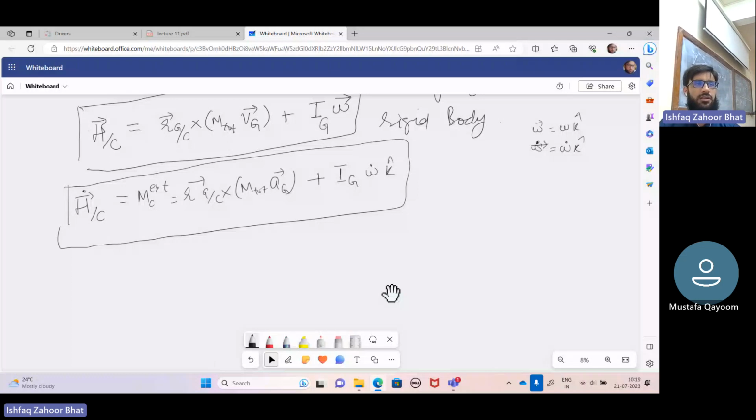Also in the next class I will discuss some non-holonomic constraint problems. We have discussed some constraint problems, but now we will discuss non-holonomic ones, and you will see the difference between the two. Once we are done with this, we will do some 3D stuff, and that will be the end of the course.